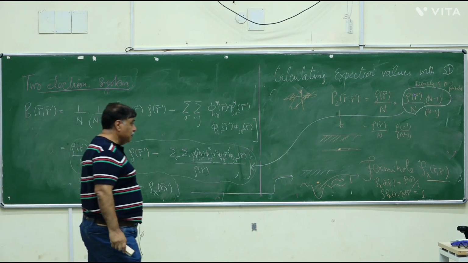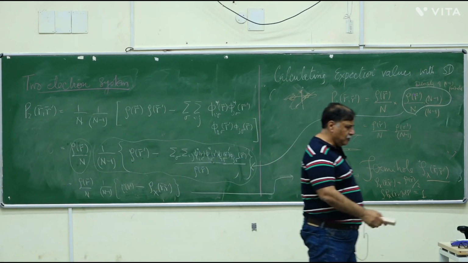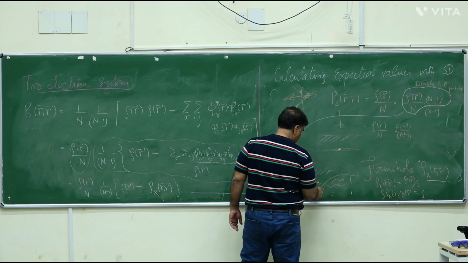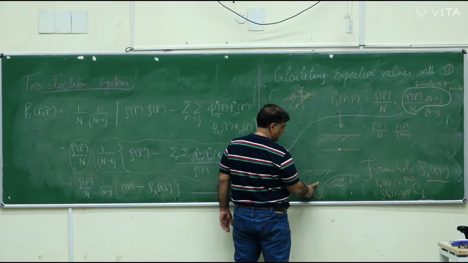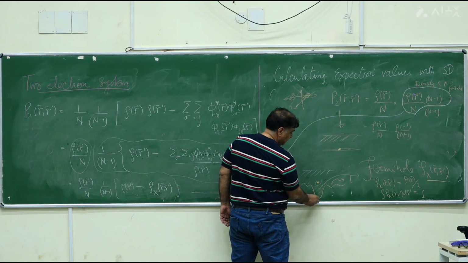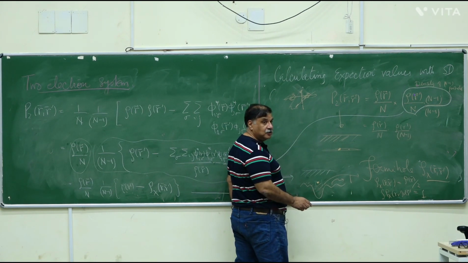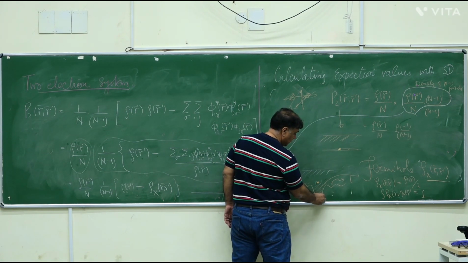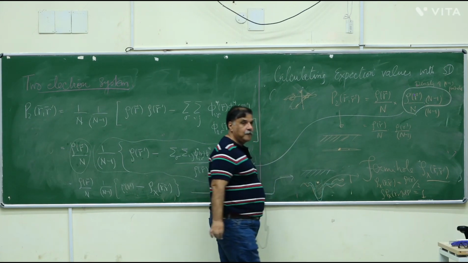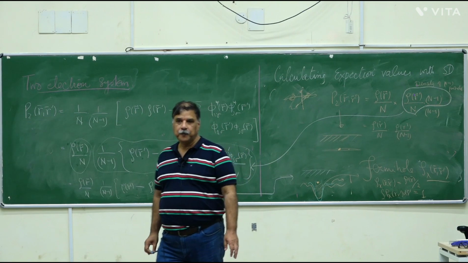Now let me jump the gun a bit. If electrons are also interacting, in addition to this spin correlation, they will repel other electrons also, and then the whole hole may move together.